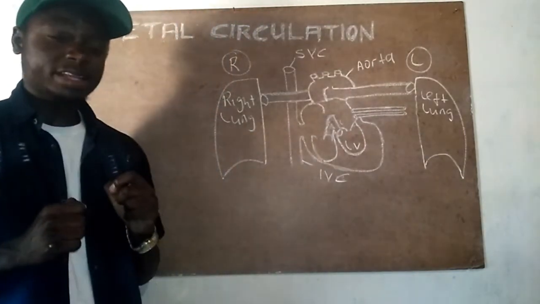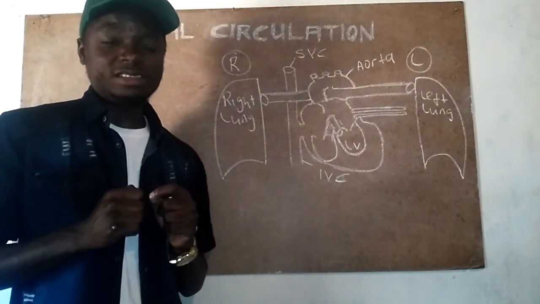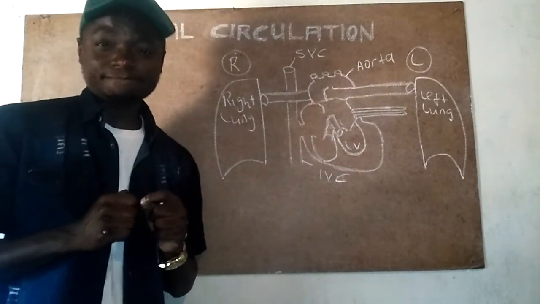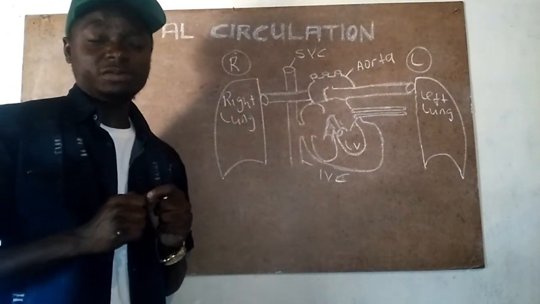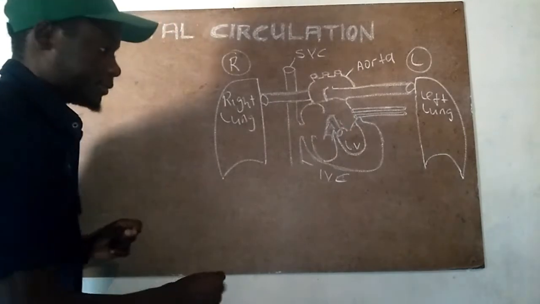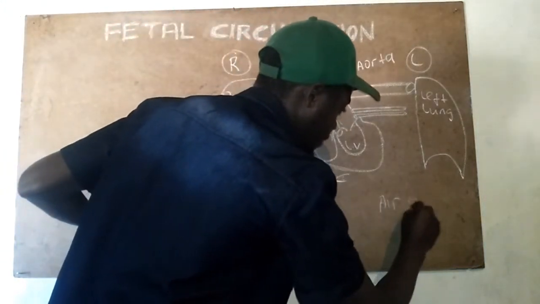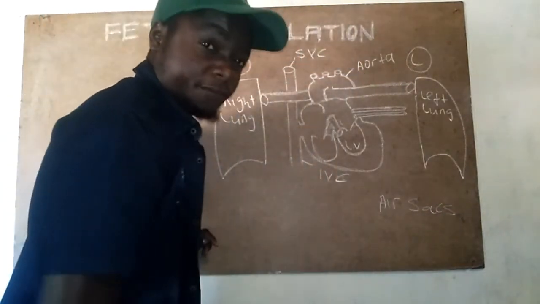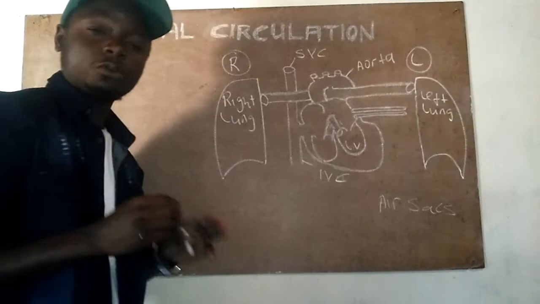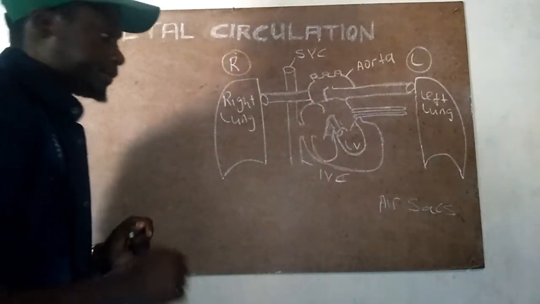The reason the lungs are not working is because in the fetal circulation, the lungs are completely filled with fluids, the air sacs are completely filled with a lot of fluids before the extrauterine life of the baby.